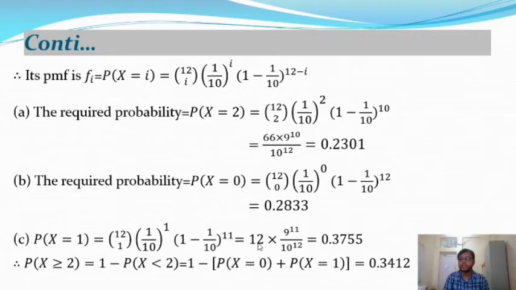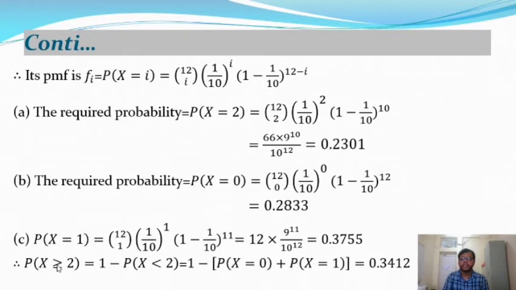And from this we will get the value of probability x is equal to 1. That means one pen is defective, and it will be 12 into 9 to the power 11 by 10 to the power 12, that means 0.3755. This is the value of the probability of x is equal to 1.